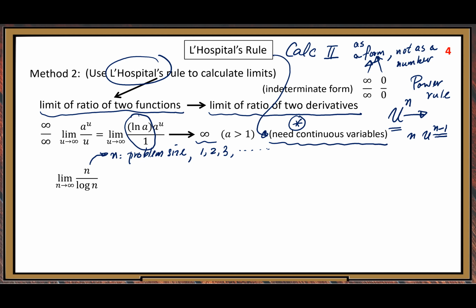So here, the two functions, n and log n, use a discrete variable. With a discrete variable, we cannot take derivatives.